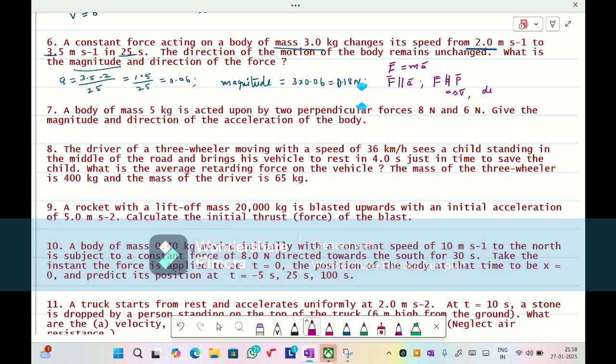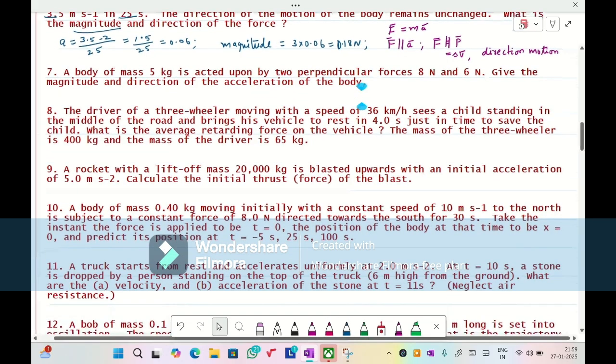If the change in velocity is positive, that is in the direction of motion. If it is negative, opposite to the direction of motion. If A and dV are perpendicular, then it will be a circular path, a curvilinear path. So this you remember, very important.